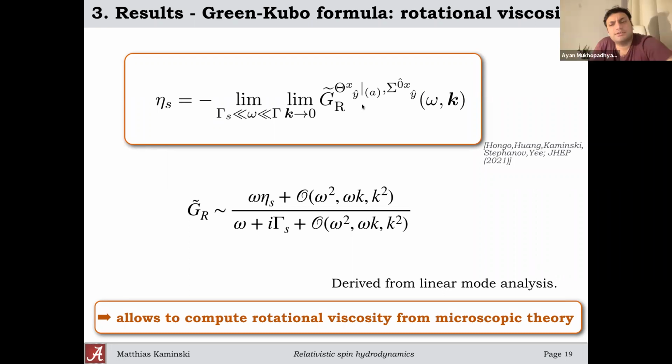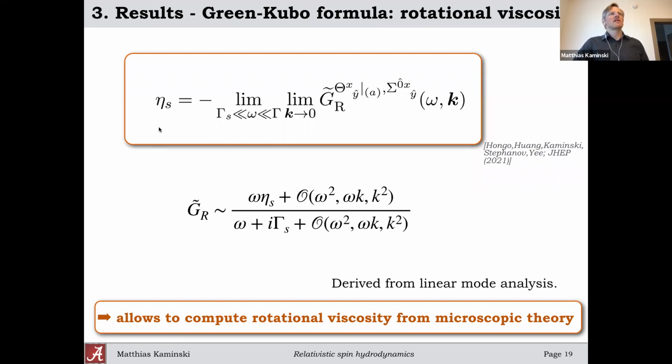There's also a question in the chat: is it dissipative, right? Is eta s a dissipative term or not? That is a very good question. Not necessarily. In general the answer is yes, because we get a restriction that eta s needs to be larger or equal to 0 in order to satisfy the entropy argument.